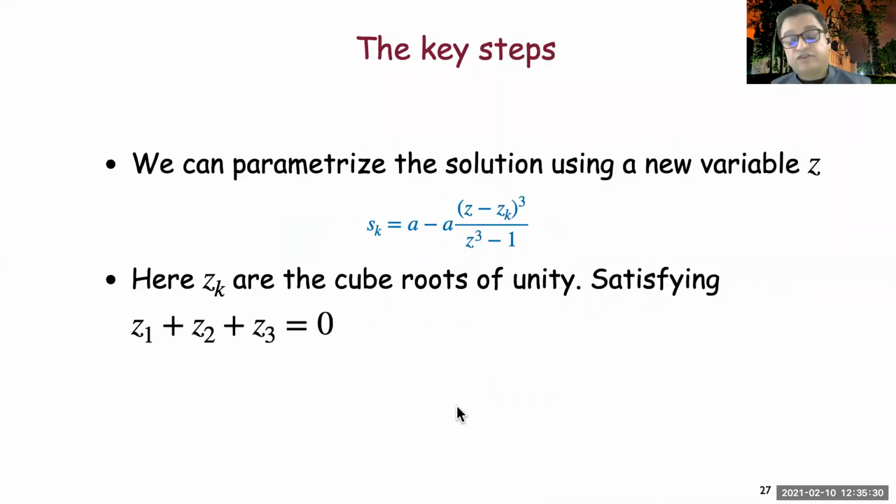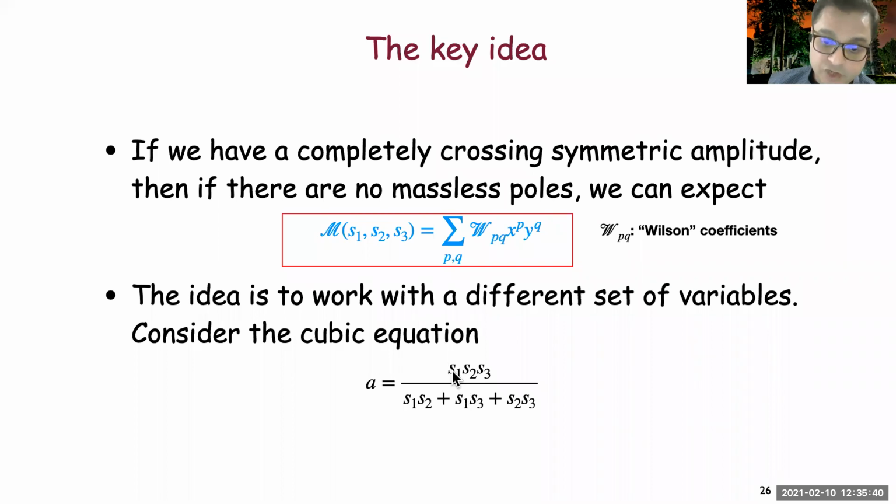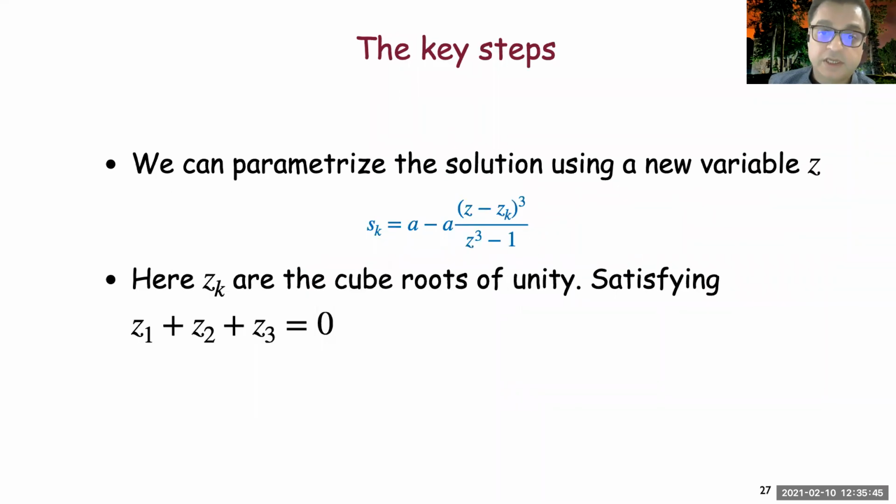This can have the following very useful parameterization in terms of a new variable Z. You can parameterize a solution for S1, S2, S3, which solves this cubic equation, in this manner: Sk is A minus A times (Z minus Zk) cubed divided by Z cubed minus 1. Zk are the cube roots of unity. It's a fun exercise to do. You can just put it in, and you will see that it gets satisfied, and it also satisfies S1 plus S2 plus S3 equal to 0.